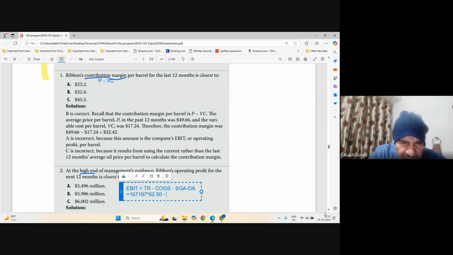Minus cost of goods sold. Why not deduct it from here, so that I have to make only one multiplication. So minus cost of goods sold will be 17.34.